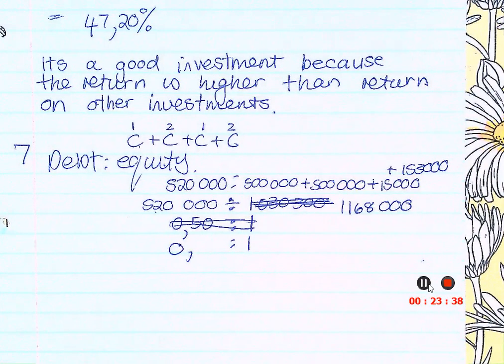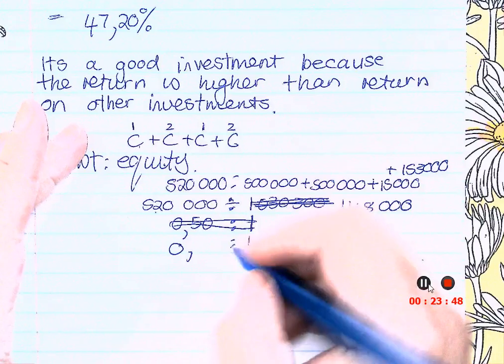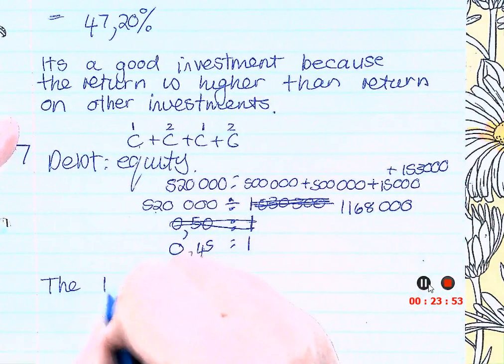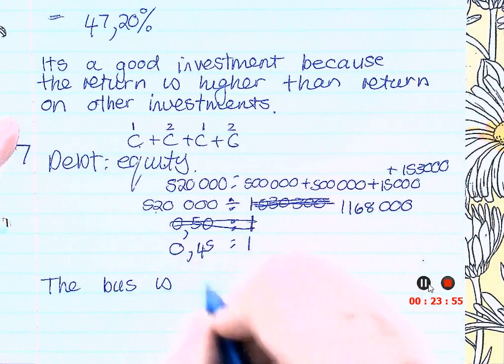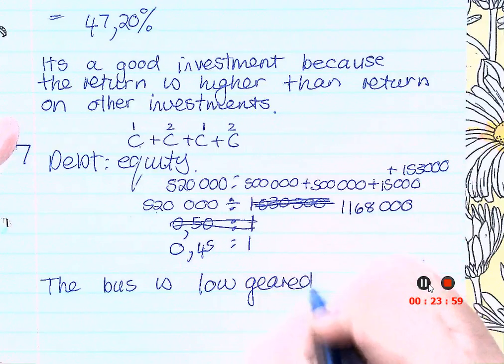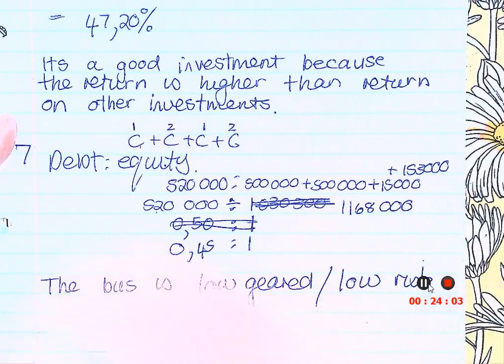All the others, you can say this is high geared or this is low geared. But with 0.5 you need to see where it's moving. So what is it? 0.45. So the business is low geared, low risk, meaning they will get the loan.